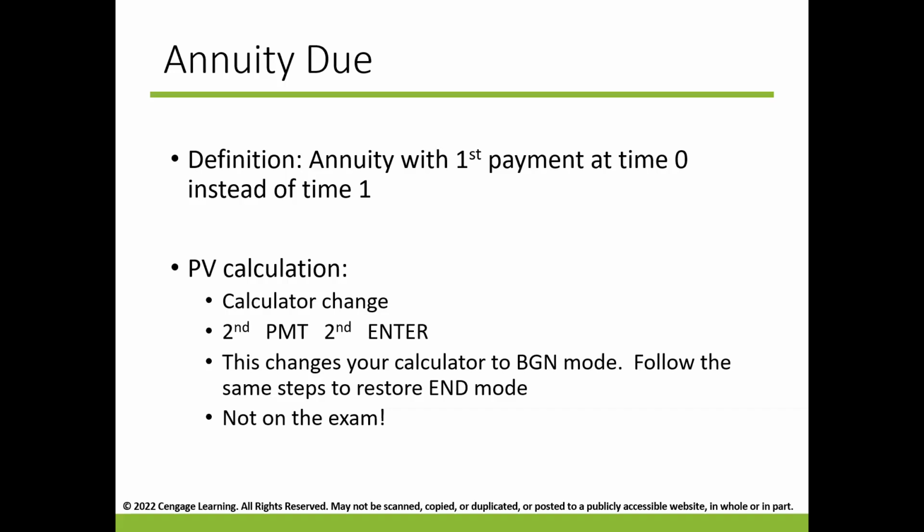So that is the big point why it is not on the exam at all. So what you do in order to change it to annuity due is hit second payment, then second enter. That is what puts it into begin mode. And again, there's a video out there that I show everybody how to do this. Quick reference, you can go in there and see exactly how to do it if need be.